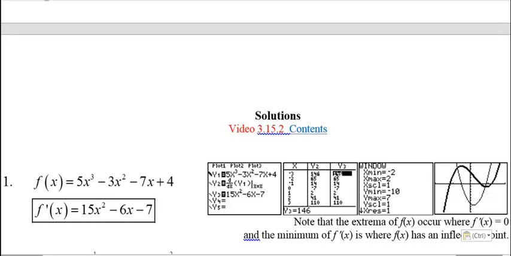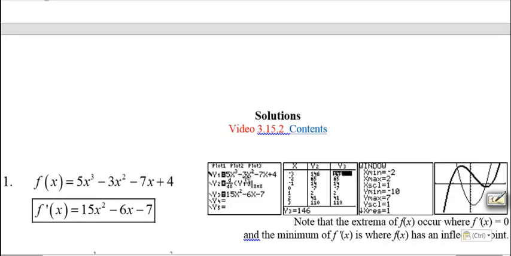We can check that, to make sure we did it correctly, by using this method. Type the original function in here. Here I use the newer operating system on a TI-84. The rest of these I'm using the older version. We have the function in there as 5x to the third power minus 3x squared minus 7x plus 4. Let y2 be the derivative with respect to x of y1 such that x equals x.